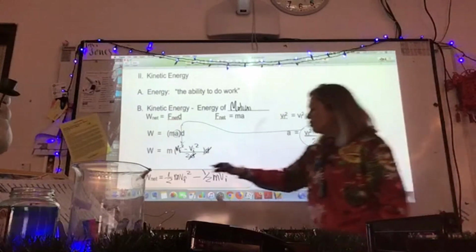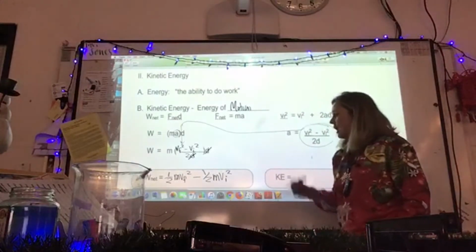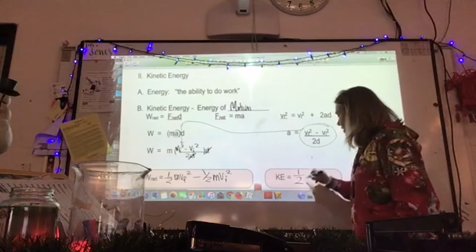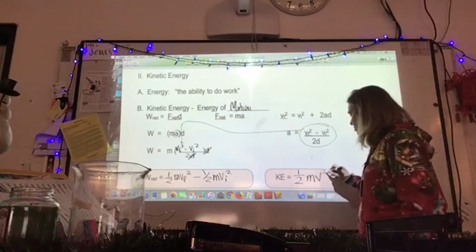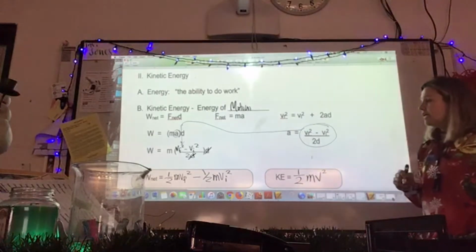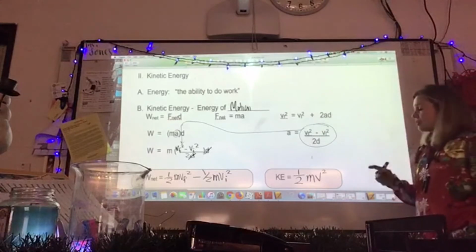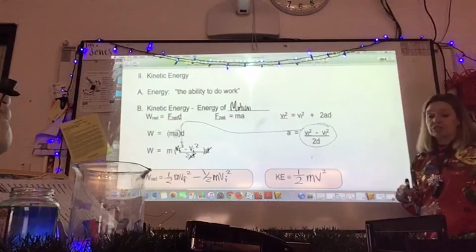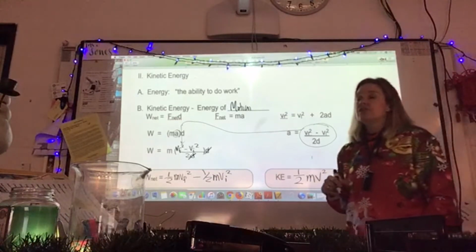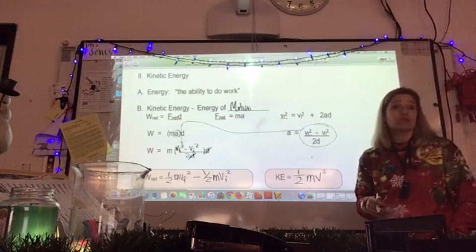So normally it's just the velocities that are changing. And kinetic energy, by the way, is this: 1/2 mv squared. So basically what we're saying is that the net work done on an object is the change in kinetic energy. Which is the work-energy principle.